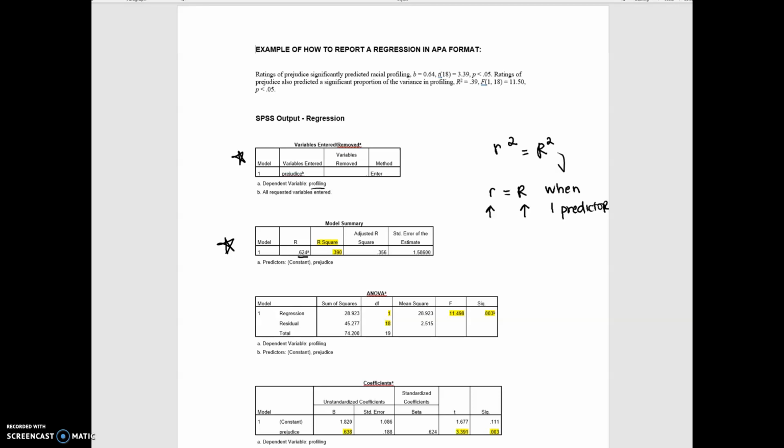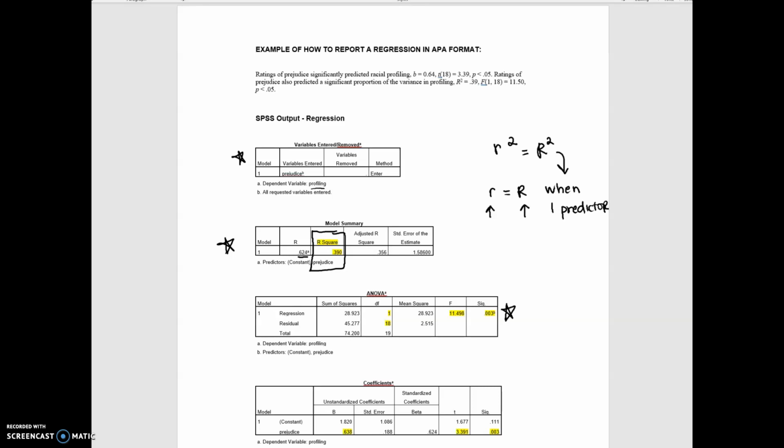So lowercase is for correlation, and the uppercase, the capital letters, are for regression. The R squared is the first information that you'll want to take note of, because you'll be using that in reporting your R squared to test whether or not the model is significant.